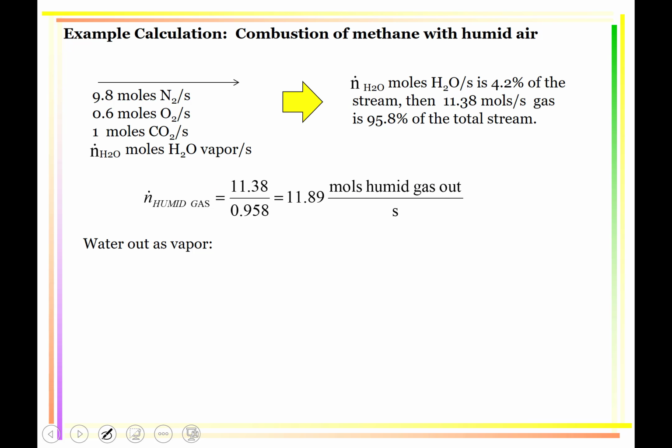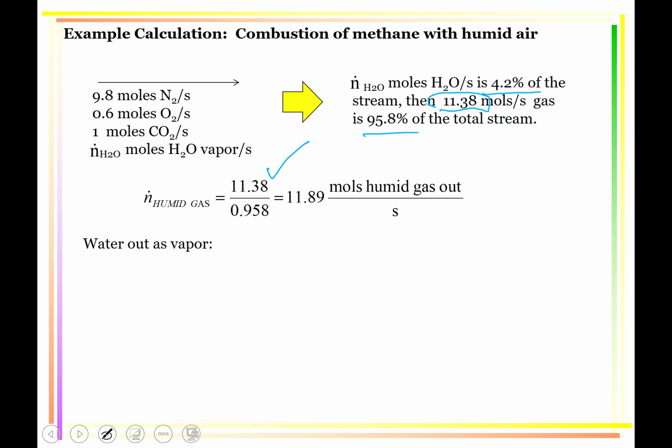Now let's do a material balance and find out how many moles of water we have going out. We have 4.2% of the stream as water. Then the dry gas, which is 11.38 moles, is 95.8% of the total stream. This is the moles of dry gas out: the nitrogen, the oxygen, and the CO2.